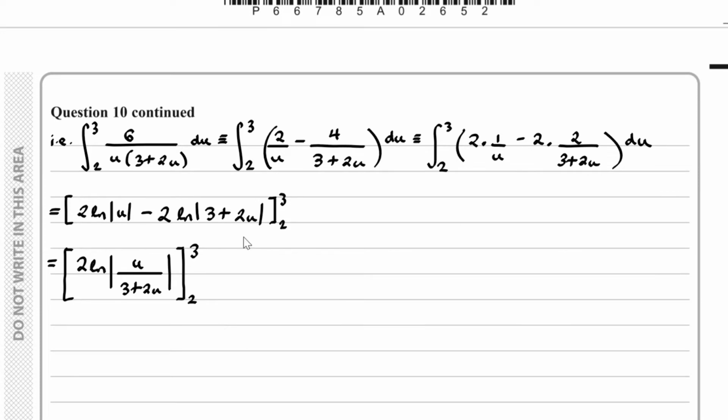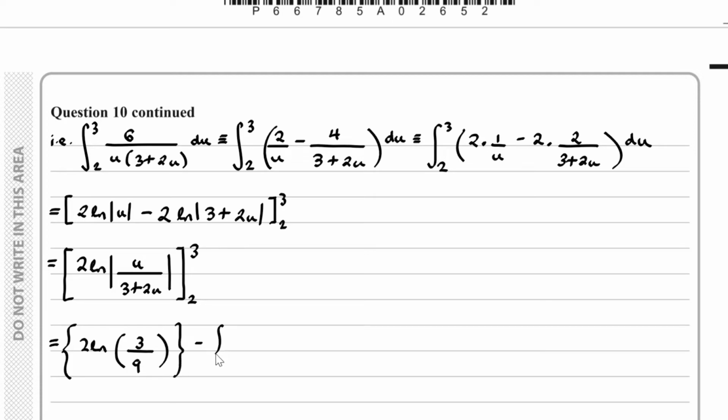And if we substitute in our limits, for the upper limit we have 2 times by the natural log of 3 over, well here we have 3 plus 2 times by 3, that's 9.